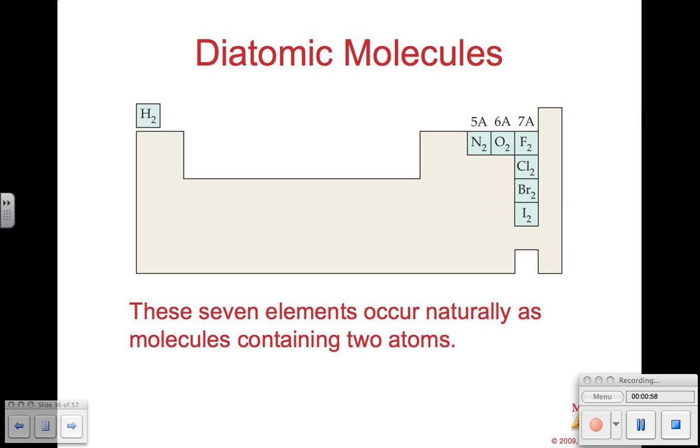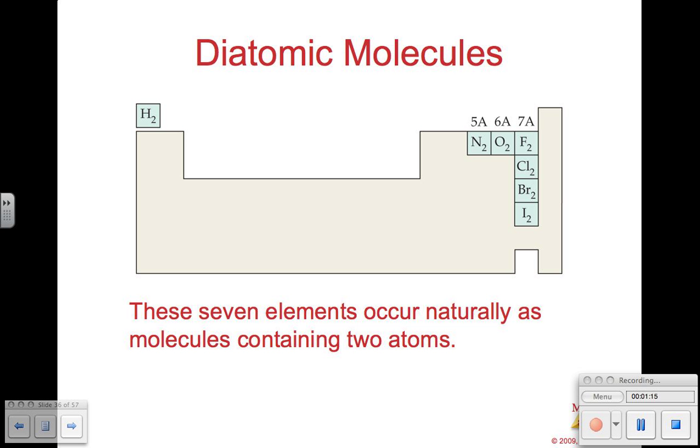Okay, out of all of the elements on the periodic table, these 7 are always written as diatomic molecules. So you've got hydrogen, nitrogen, oxygen, fluorine, chlorine, bromine, and iodine. And these you just have to memorize.